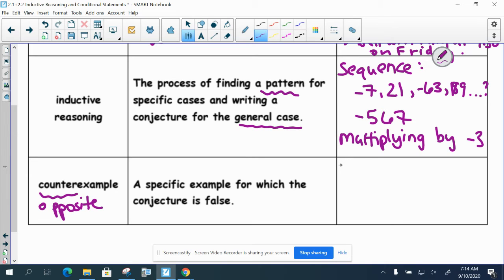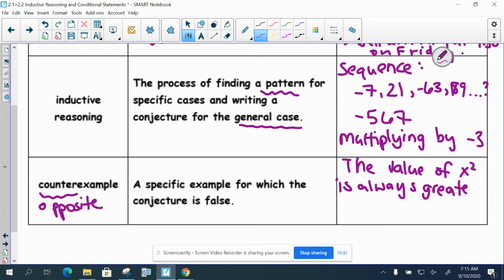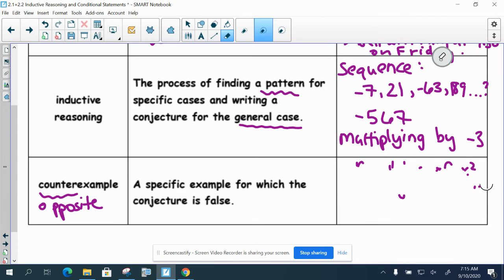So I'm going to make a conjecture that, based on observations that I've made, the value of x squared is always greater than the value of x. I'm just going to make it simpler by doing an inequality.